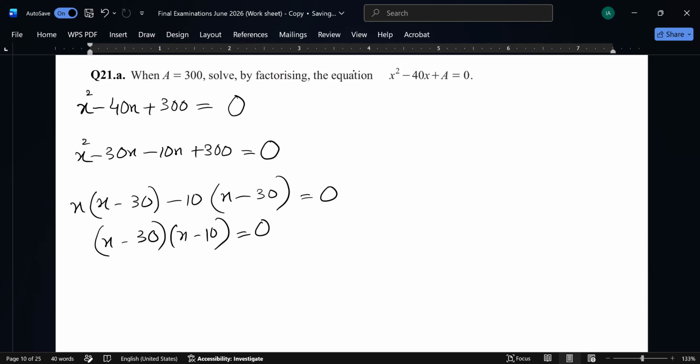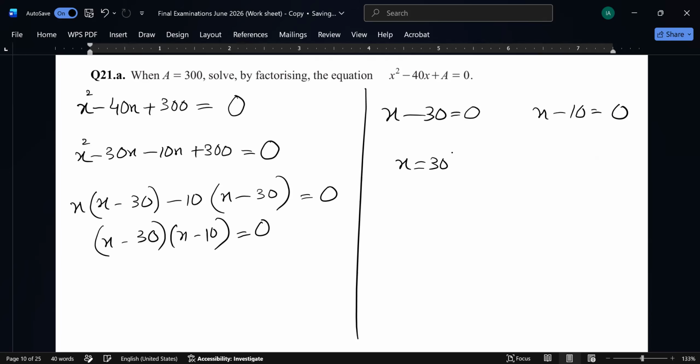By doing this, we can separate the two brackets, means x minus 30 equals 0. We got the first value of x as 30, and the second value, these are the two values of x.